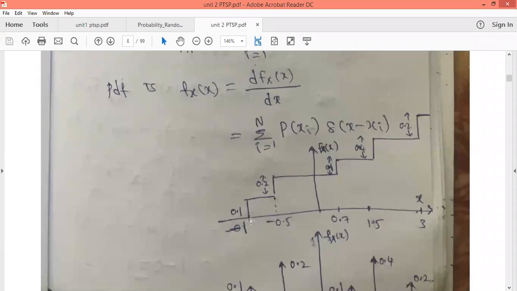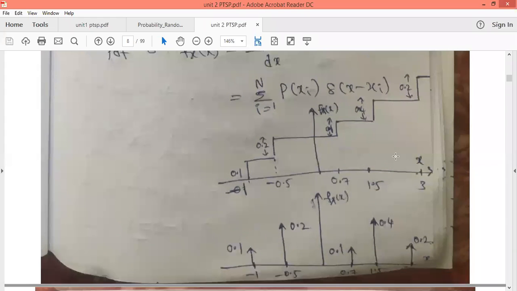Just now we have discussed this example. This is the staircase step waveform we get for the distribution function. Now if you find the derivative of this, what happens? At the steps, we get impulses. At minus 1, the amplitude is 0.1. At minus 0.5, the amplitude is raised by 0.2, so we get 0.2.